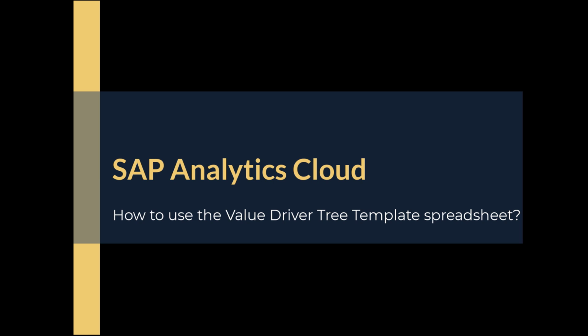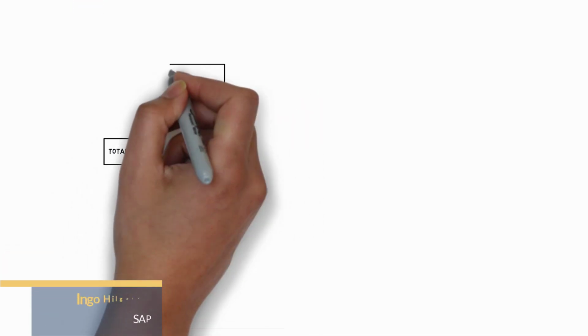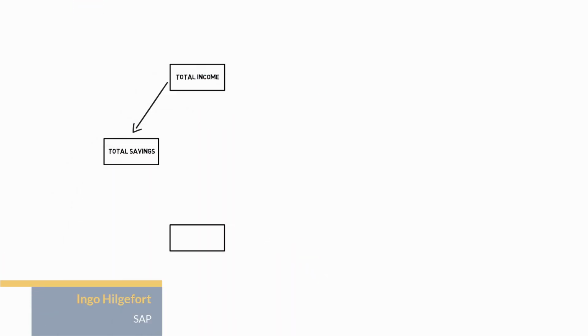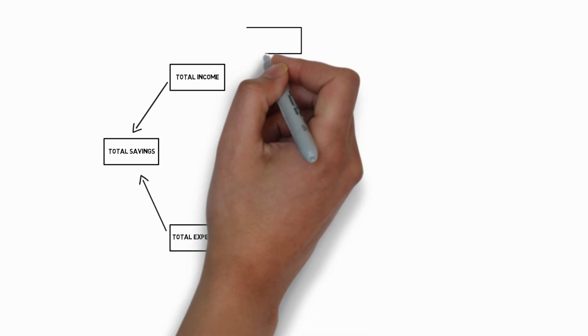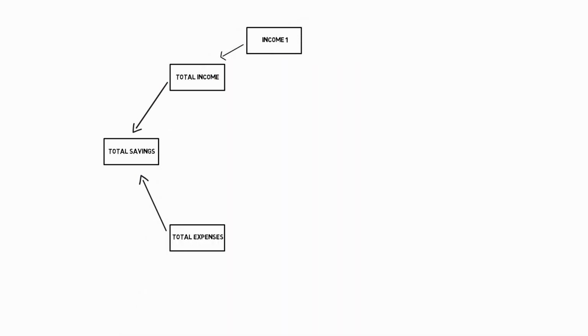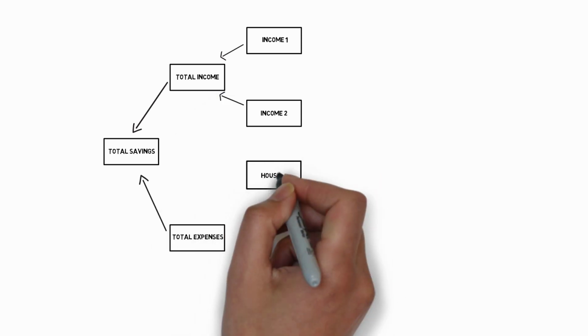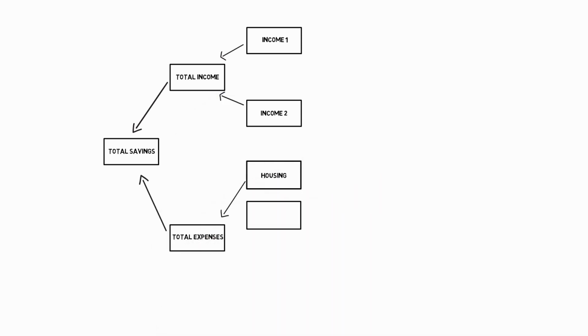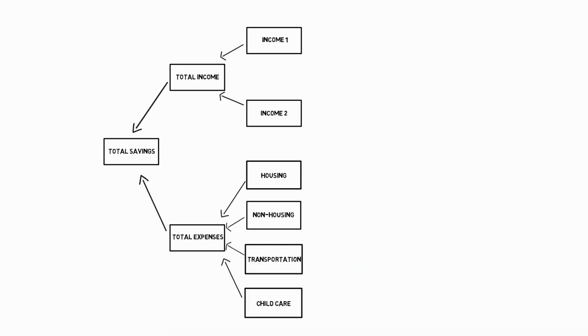This time, let's take a look at how we can use the Excel spreadsheet to speed up the creation of our value driver tree. So last time we talked about our income value driver tree. And let's assume we have the savings, the income, the expenses, and we actually broke down each part into multiple levels of nodes.